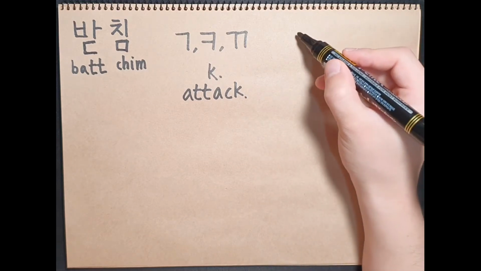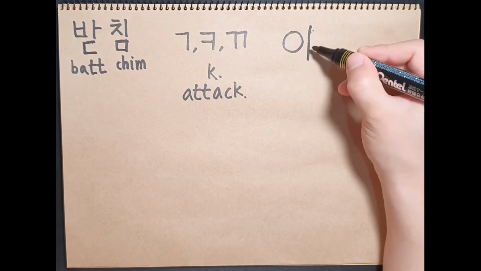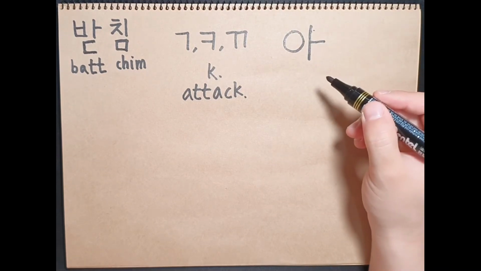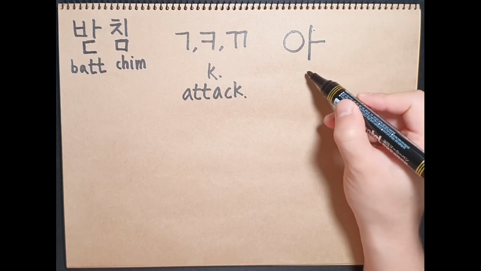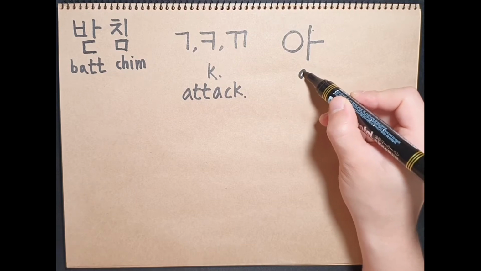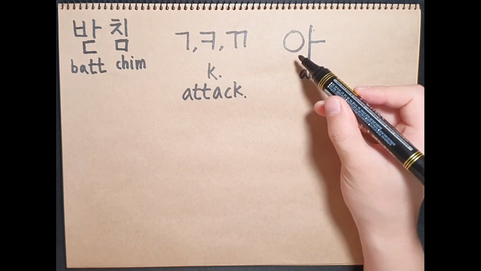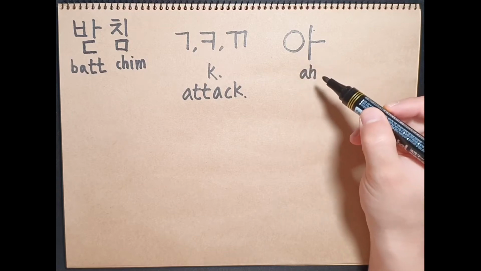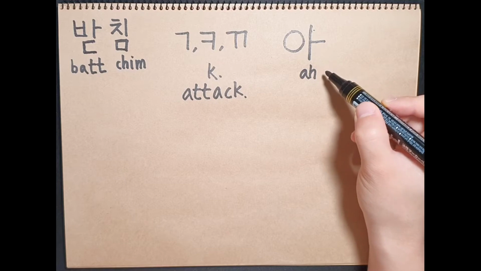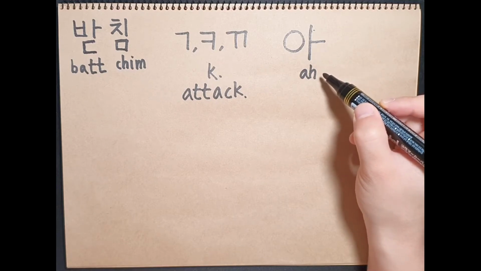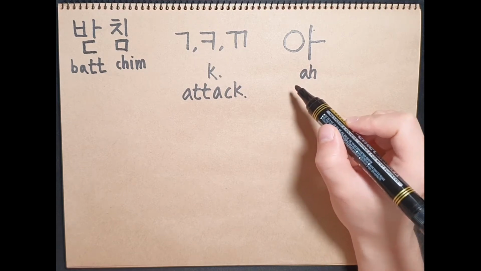Let's look at the example. 이응 plus a. This letter sounds a. 이응 doesn't have any sound, so when there's a letter with 이응 in it, you can just pronounce the vowel. So in this case, this letter is pronounced a.